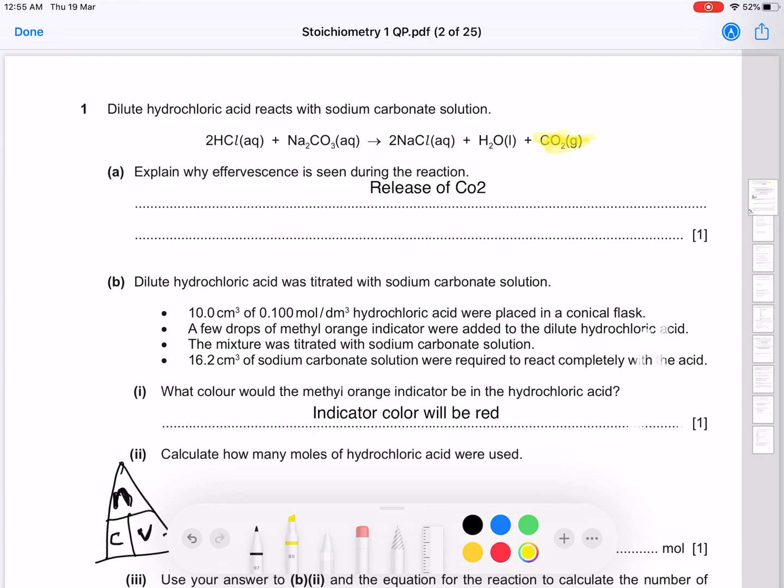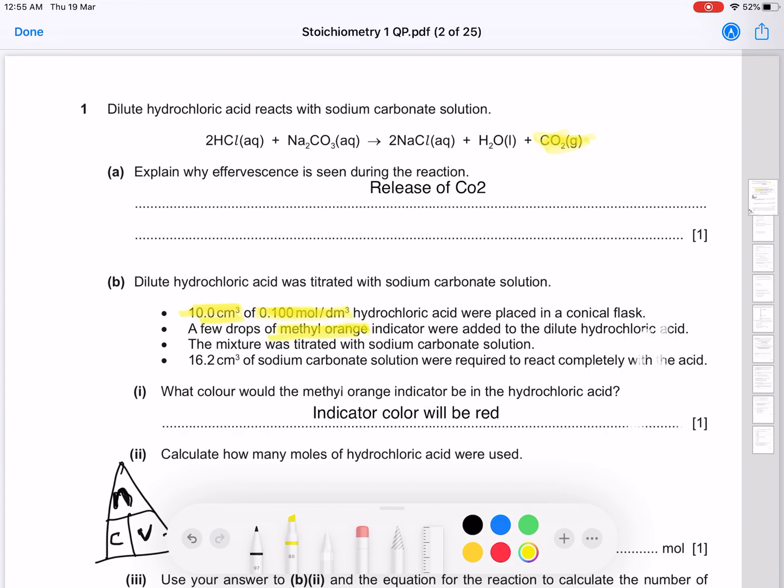Their dilute acid, of course, that's a titration reaction. Dilute acid was titrated with sodium carbonate solution. He placed 10 centimeter cube, that's the volume of my acid, 0.1 mole per decimeter cube, that's the concentration of the acid in the flask. And then he used, as you see, methyl orange as indicator.